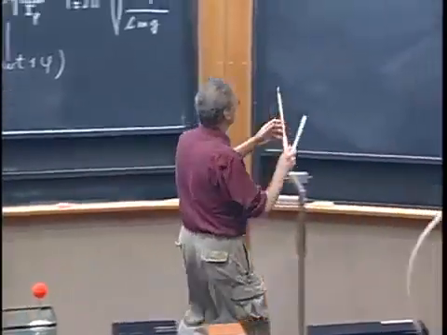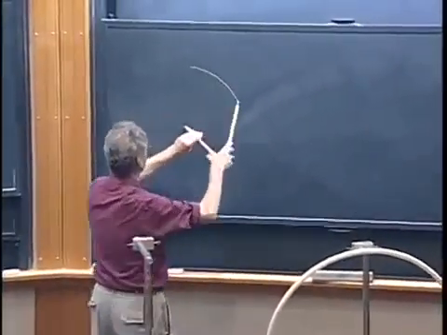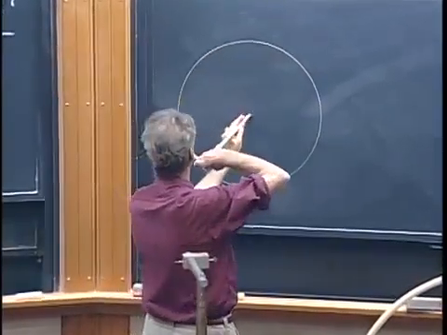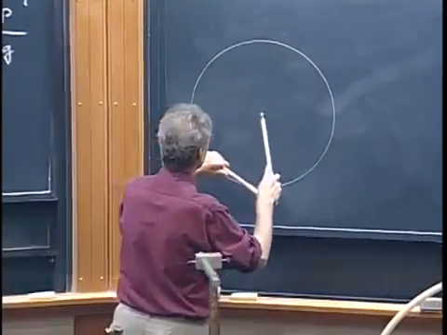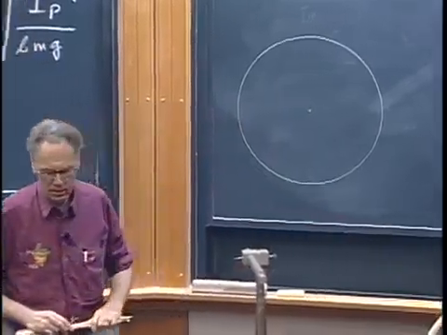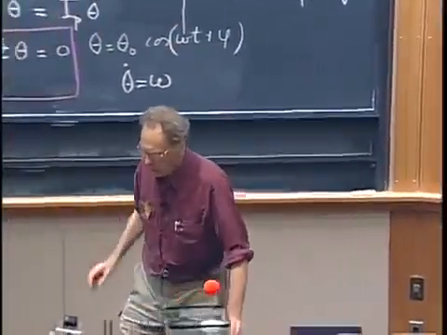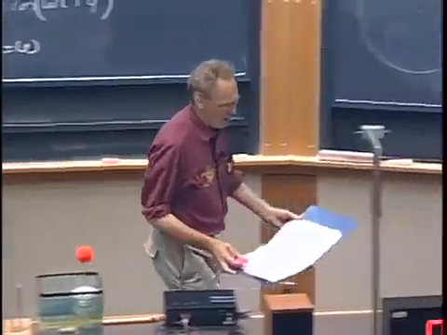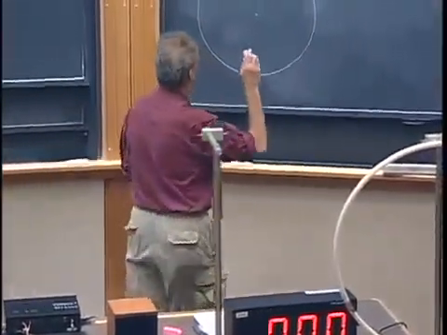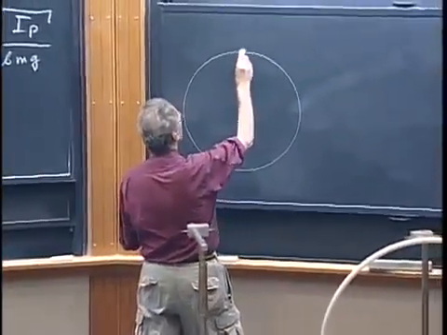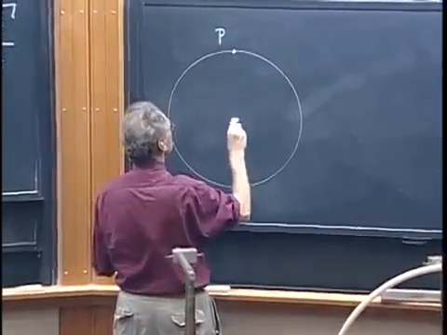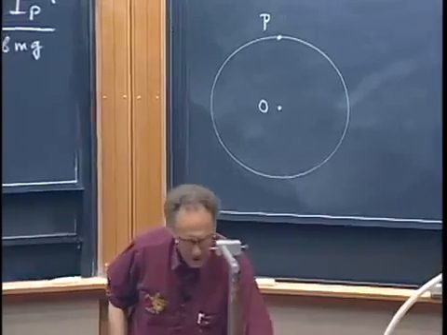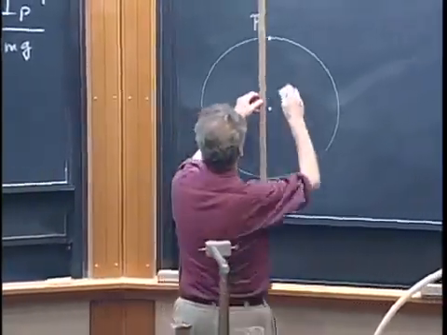And so let me put here this circle, which is this hoop. So all the mass, to very good approximation, is at the circumference. And the oscillation is about an axis perpendicular to the blackboard, point P. This is the center of mass O. And I'm going to offset this hoop. So this is when it is at equilibrium.